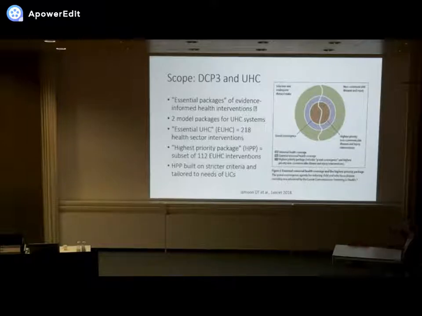Then essential UHC is this purple sphere within it, which is a package of interventions that's offered to countries with certain resource constraints, and then the highest priority package is a further subset of that. And you can divide it roughly into the traditional unfinished agenda, infections, maternal and child health conditions, nutritional disorders, things like that, as well as the emerging non-communicable disease and injury agenda.